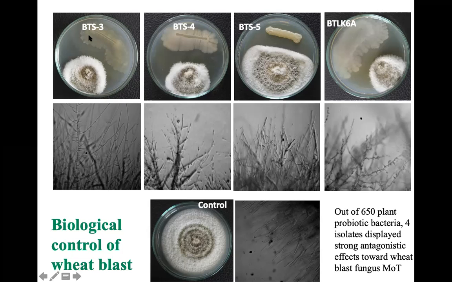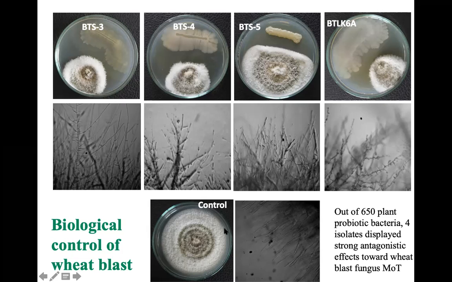Bacteria is cultured here in a streak and mycelial colony here. So they are distant. Here you see there is a gap, but bacteria are secreting some inhibitory substances, antibiotic or lytic enzymes. This is why the growth of the mycelia is restricted.